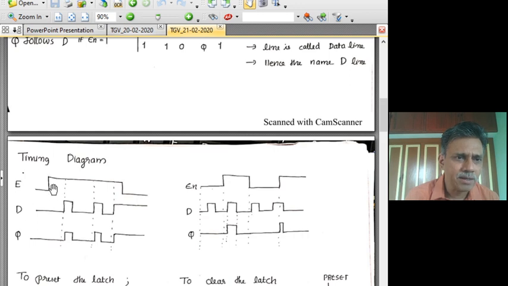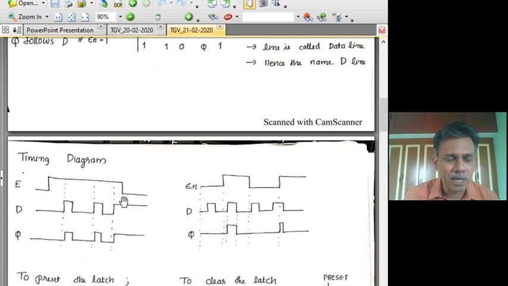Now at this point E has become 1, that is the latch is enabled. Now the D input simply gets reflected at the Q output, but for a small propagation delay, which is shown here using this dashed line. So the copy of the D waveform has to be copied here with a slight delay. So these two pulses will also show as two pulses here with small delay.